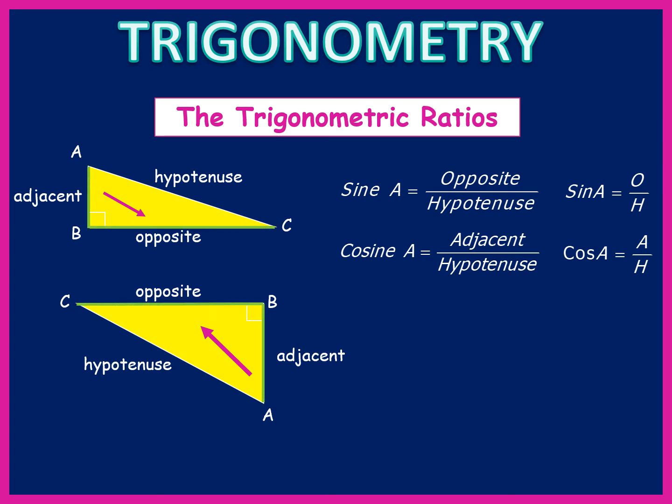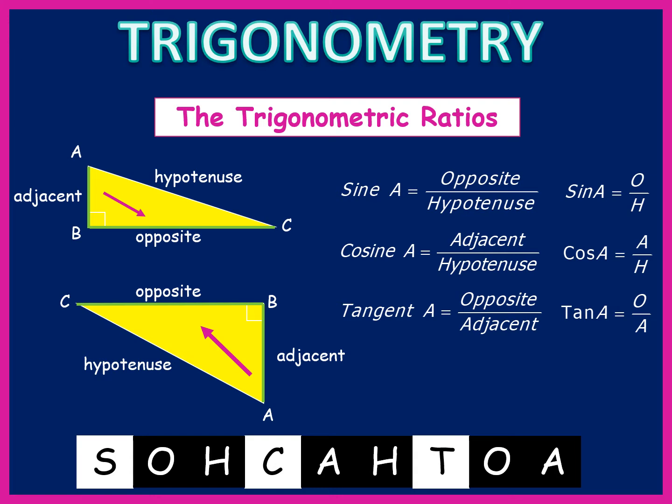And if we look at the opposite side and the adjacent side, we're working with the tangent function, which we can abbreviate to tan A is equal to opposite over adjacent. And SOHCAHTOA is a lovely way to remember which sides work with which trig function.